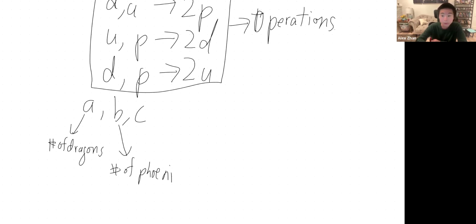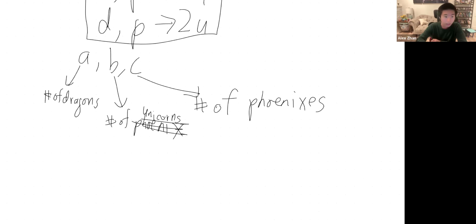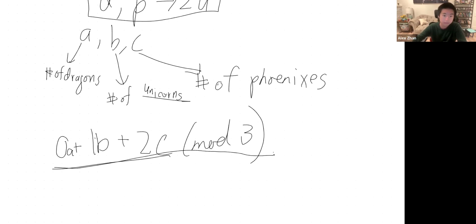B is the number of unicorns, and C is the number of phoenixes. And now our invariant will be 0A plus 1B plus 2C. And actually, this is our full invariant. The remainder of this expression mod 3 always remains constant after any operation.